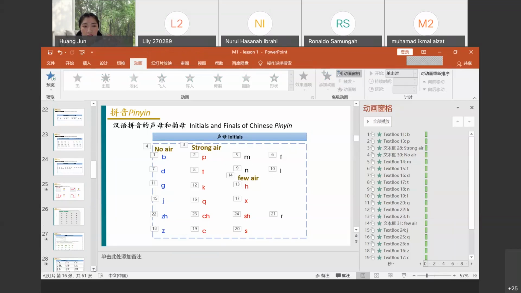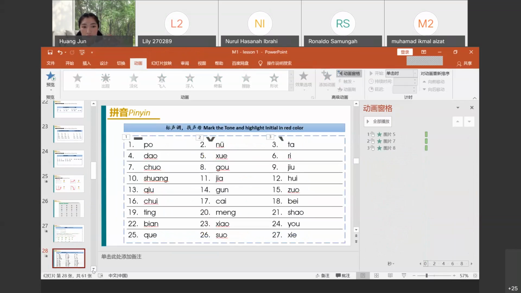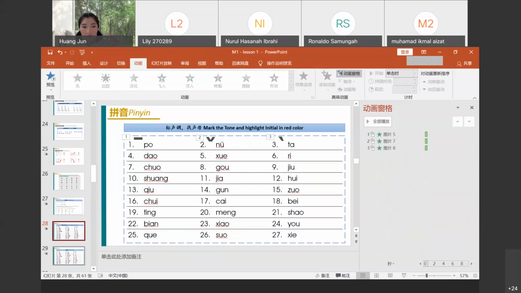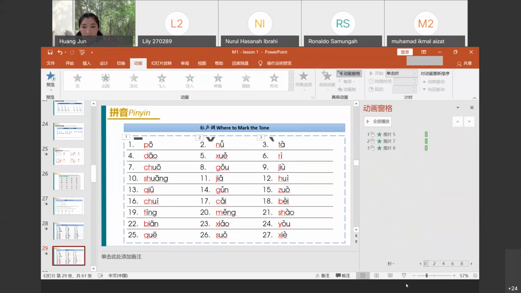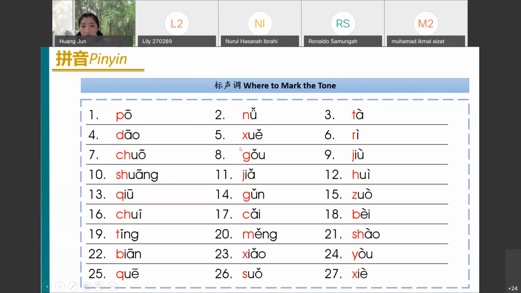In number 14, it is starting with the letter G. So let me rephrase it. Initial, actually, we are just asking which letter the whole syllable starts with. So it starts with N, or X, or G, like that. They are not starting with N because N is put at the end. Okay, am I explaining it clearly?